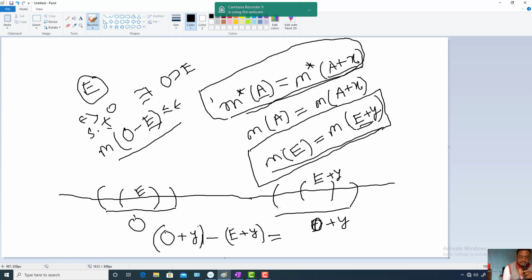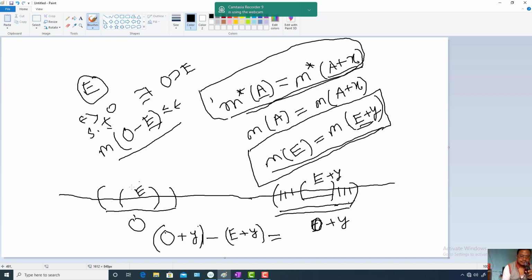According to the set difference definition, from here to here it is your O plus y. From that you take out E plus y, and the remaining set of points here is your difference set.